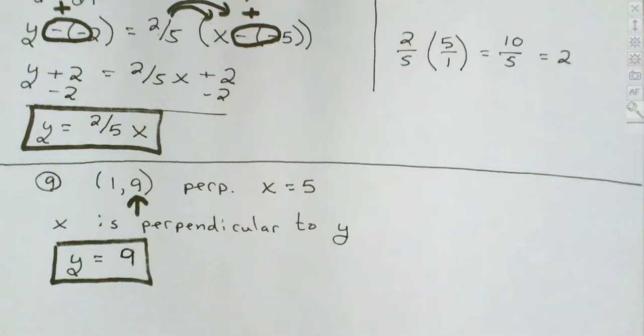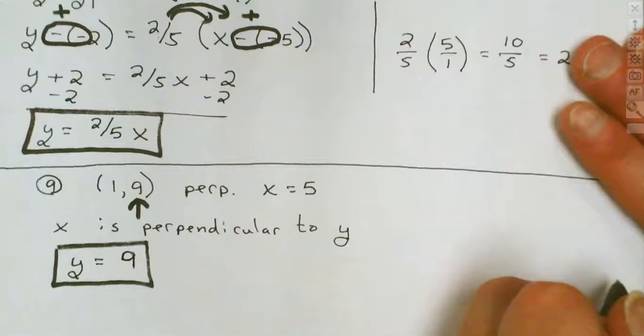Students struggle with this because it's so easy, and you think there's more to do, but there's really not. So just remember, anytime you have one variable at the beginning, you end up with an equation that has one variable. Two variables gives you two variables. One gives you one. So that is question 9.